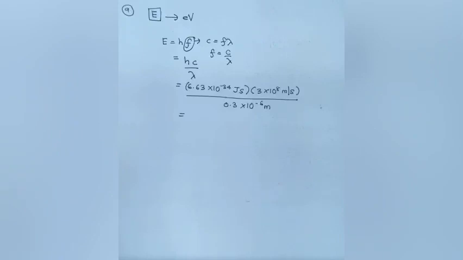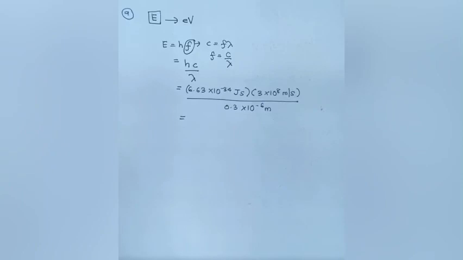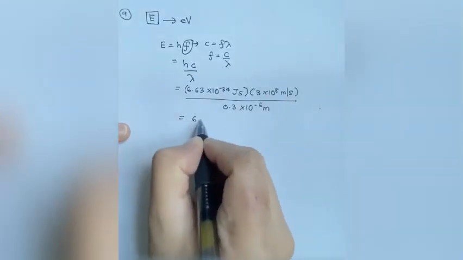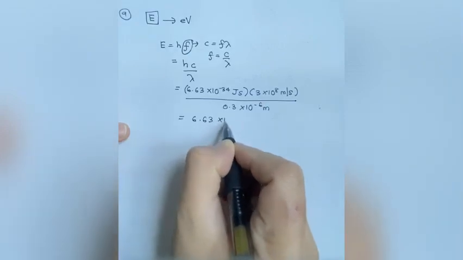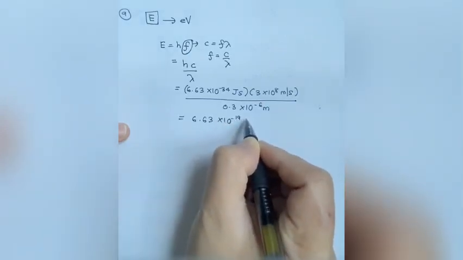So you can calculate the value of energy: 6.63 times 10 to the power of negative 34 times 3 times 10 to the power of 8 divided by 0.3 micro. The value here should be 6.63 times 10 to the power of negative 19 joule.